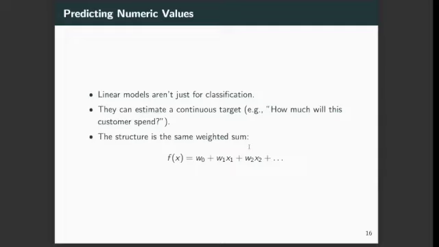For example, we want to answer the question of how much this customer will spend. The structure remains the same as the weighted sum. For example, f(x) is given by the intercept w0 plus w1 times x1 plus w2 times x2. And in this case, because linear regression is a numerical model, we do not have to reclassify f(x) into other categories.